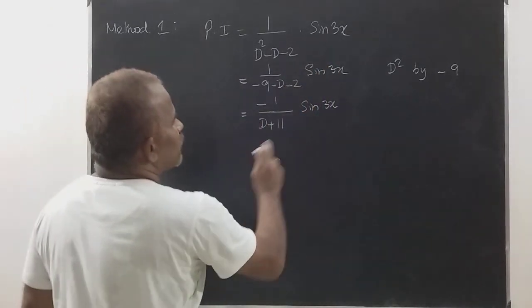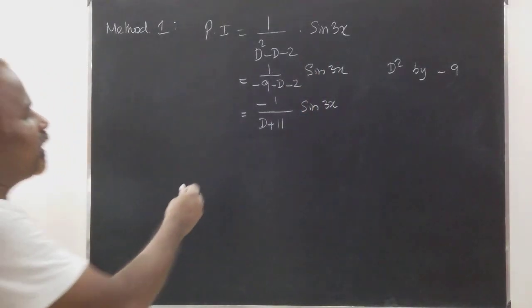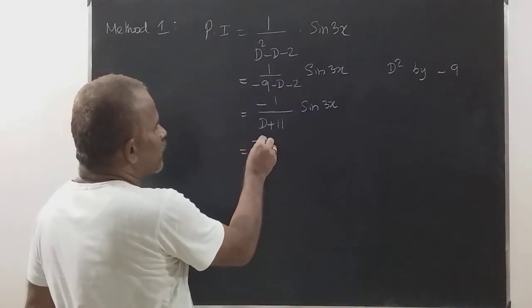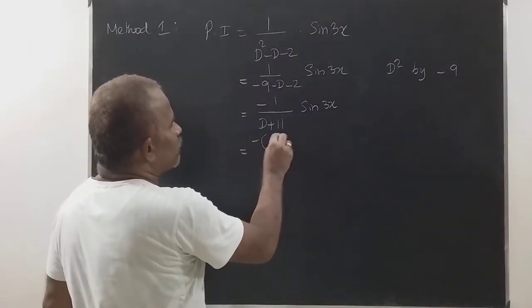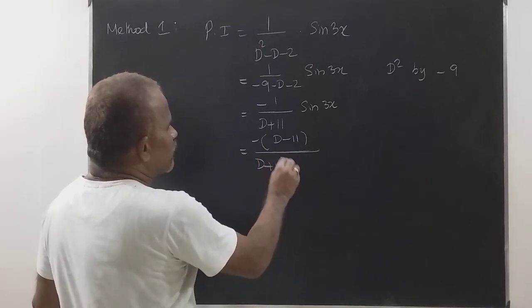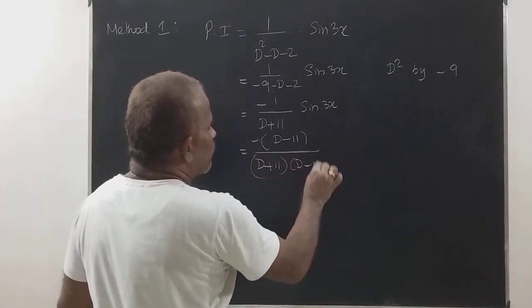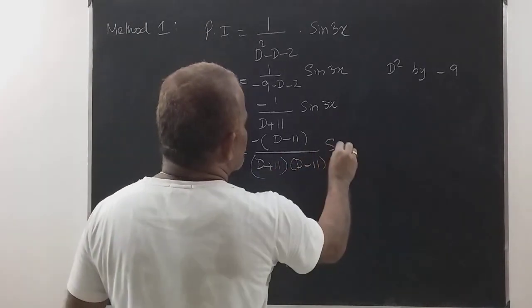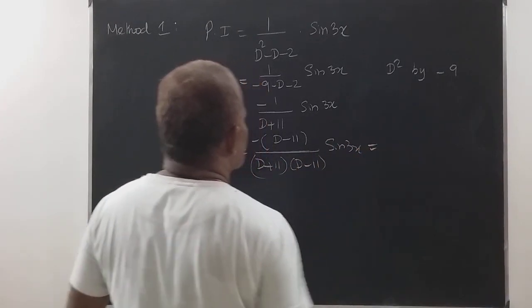I need d square in the denominator, so I have to multiply and divide by d minus 11 divided by d minus 11 into sin 3x.